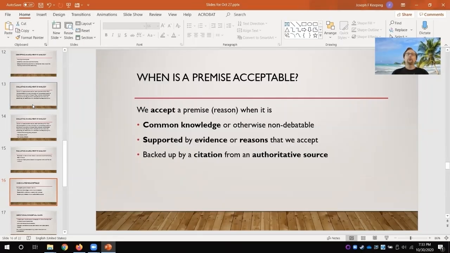We also accept a premise if the premise is supported by evidence or reasons that we accept, which is a way of saying we'll accept a premise if we're given an argument in support of that premise, and the argument in support of it has premises that are themselves acceptable. Finally, we accept a premise when it's backed up by a citation from an authoritative source.